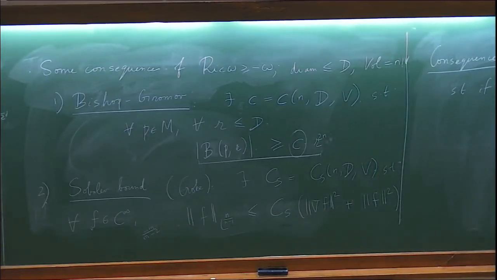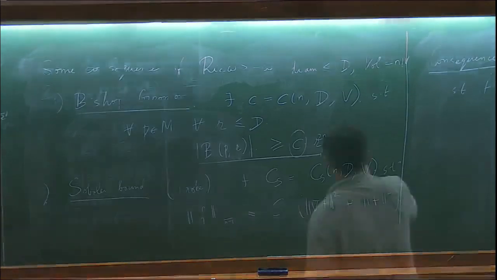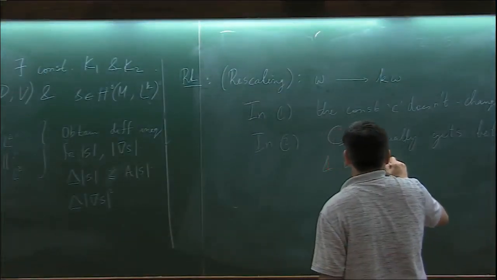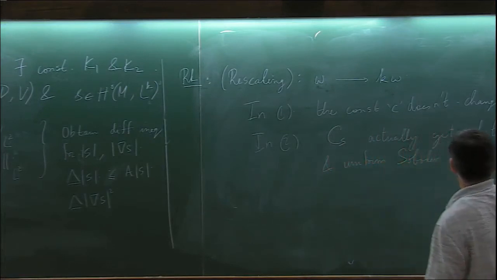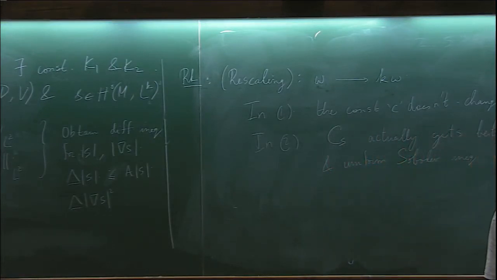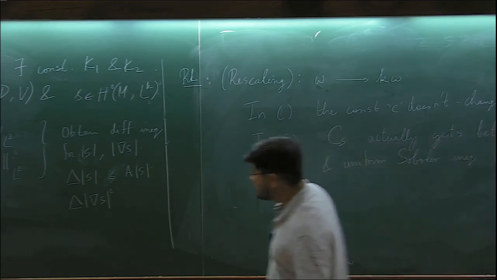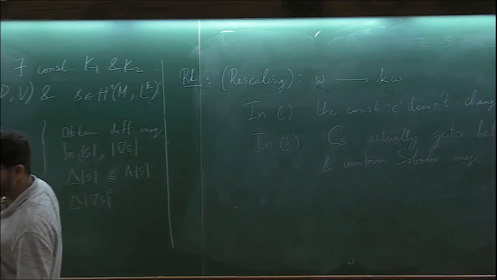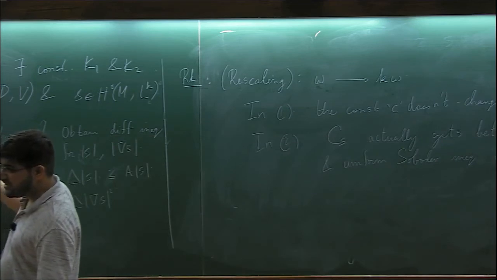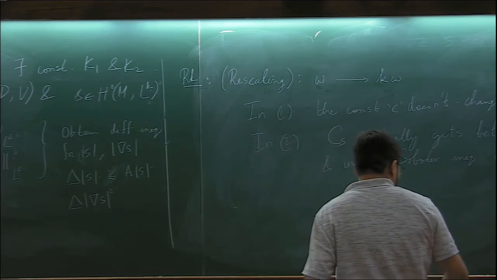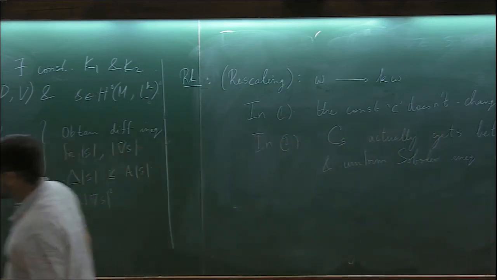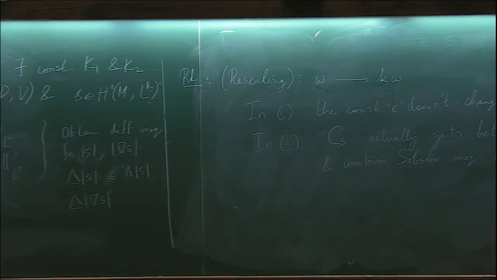So, a uniform Sobolev inequality independent of k. Crucially, these estimates, these constants, do not depend on k. That's a very important part of their argument.